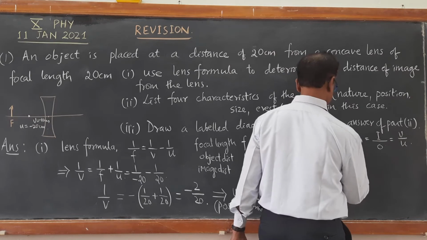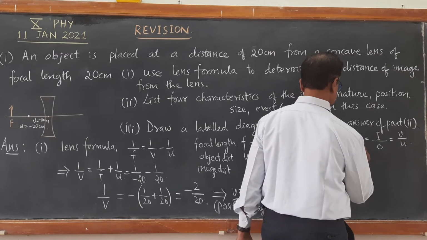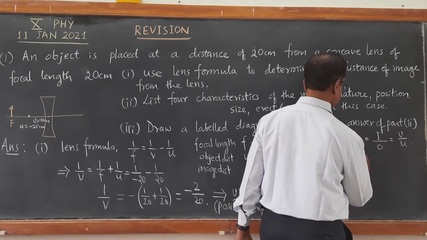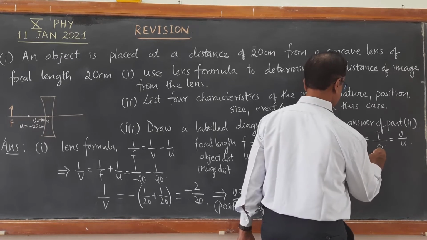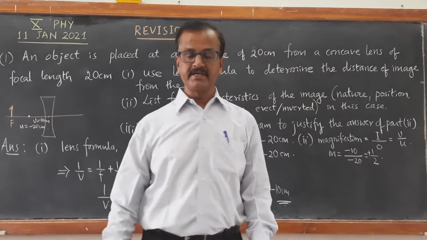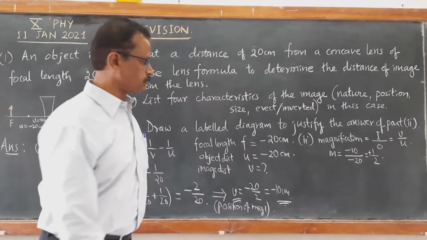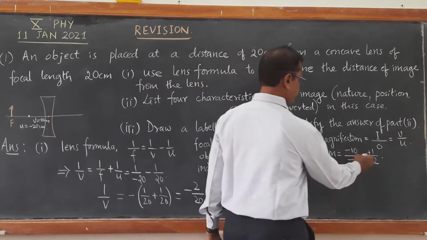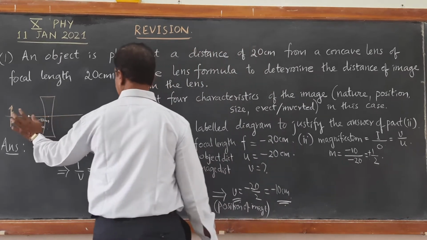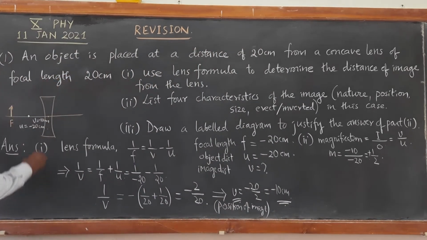Therefore, magnification m is equal to v, minus 10, by u, minus 20, so it becomes plus 1 by 2. So magnification is positive. It means both the image and the object are erect.